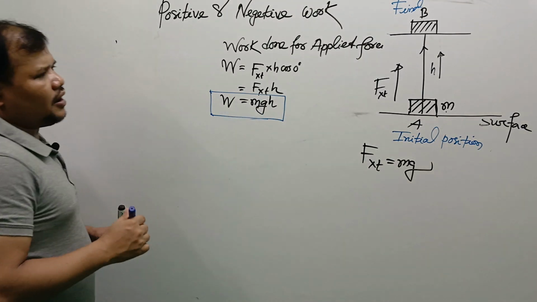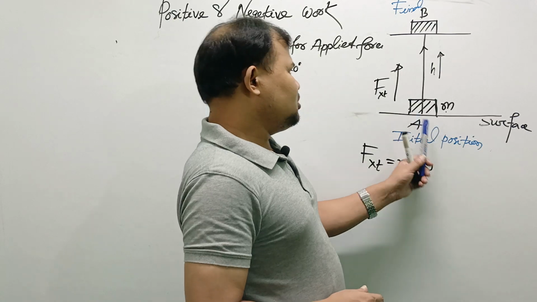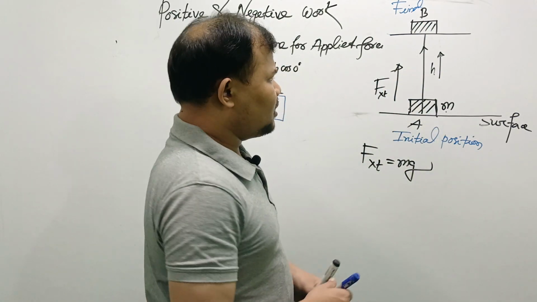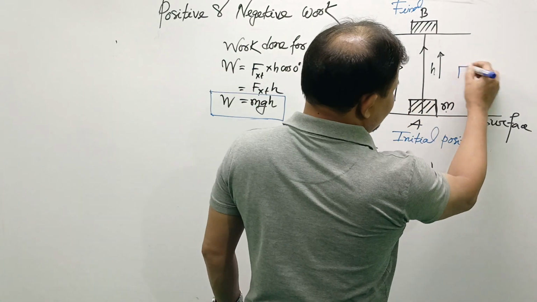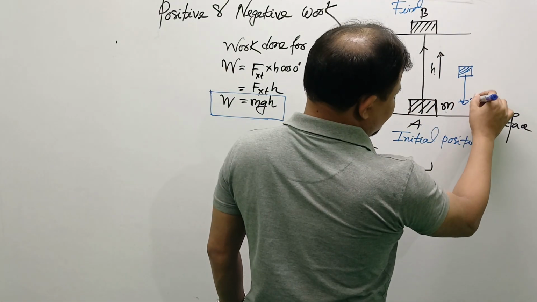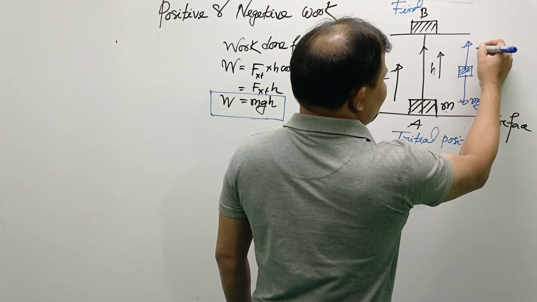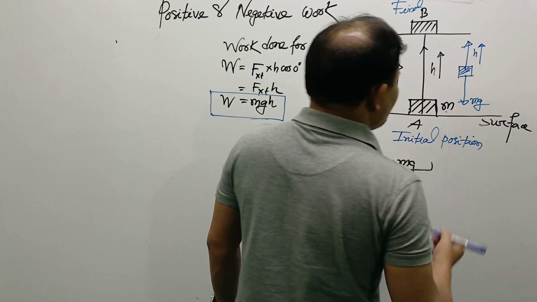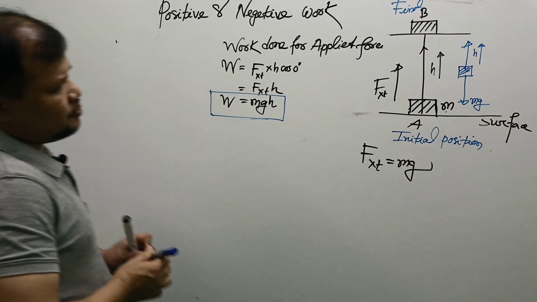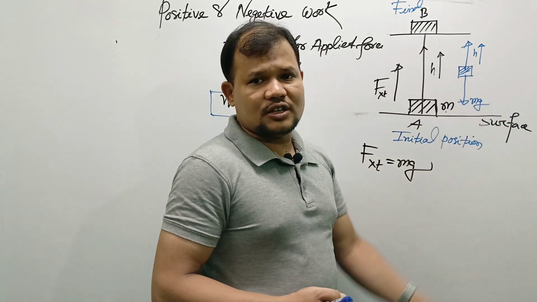And you just try to understand, when the body goes from point A to B, we apply the force in the upward direction. But the direction of the gravitational force is downward and the direction of displacement is upward, so the angle between the displacement and the gravitational force is 180.